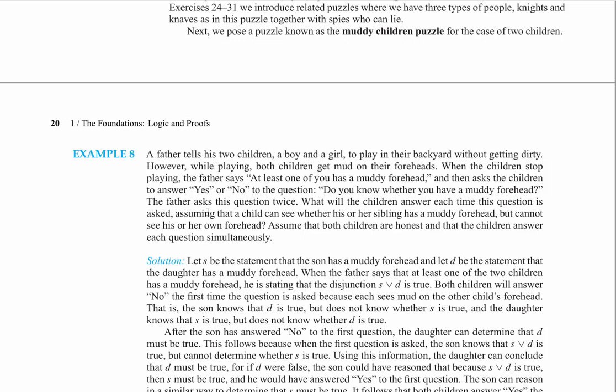The father asks the question twice. What will the children answer each time this question is asked, assuming that a child can see whether the other one has a muddy forehead, but can't see their own forehead? We're assuming both children are honest and that they answer each question at the same time. We're also assuming that they're logicians.